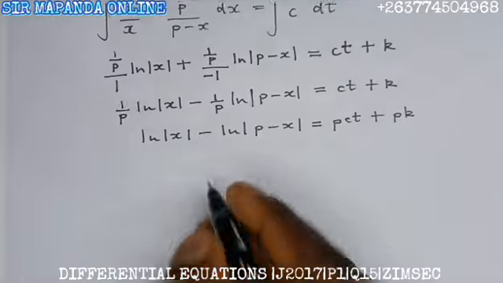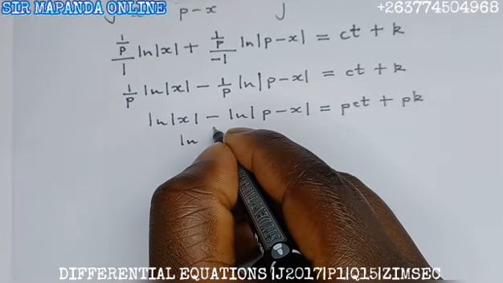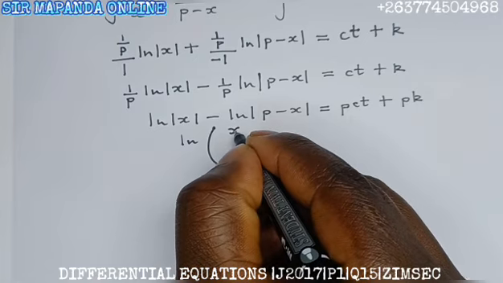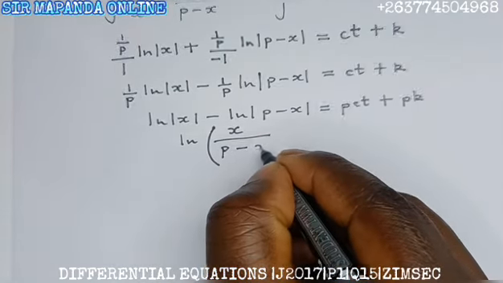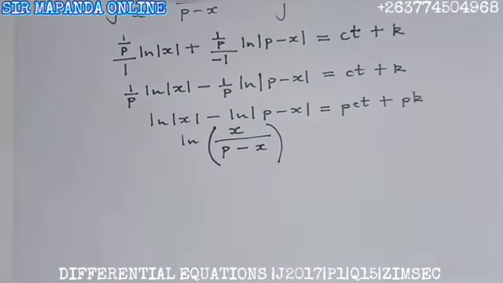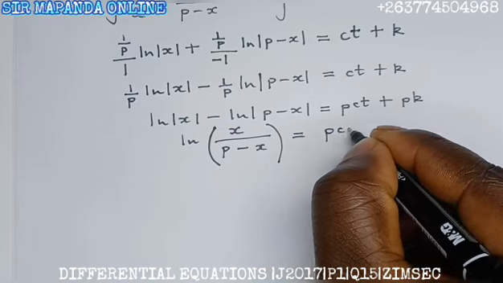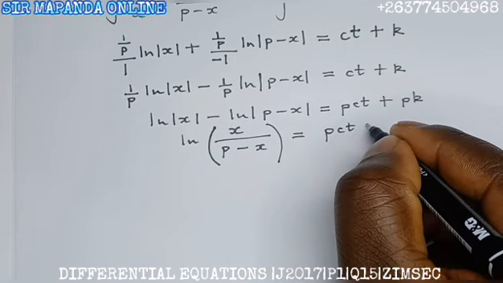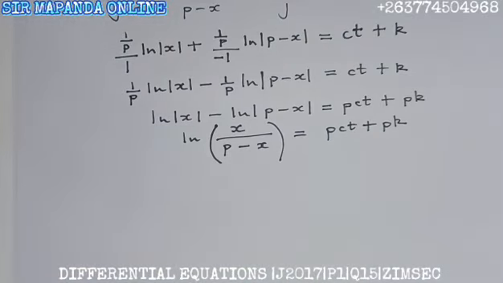Then we combine the two logs here on our left. Ln open bracket. When subtracting logs, you divide. So you are saying x divided by p minus x is equal to pct plus pk. I hope you are following.